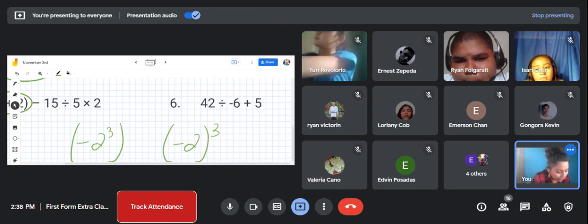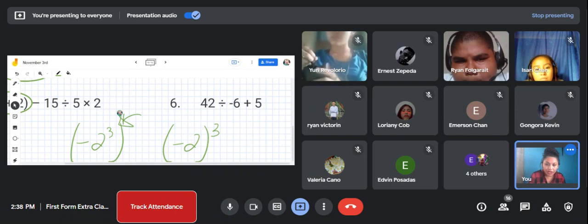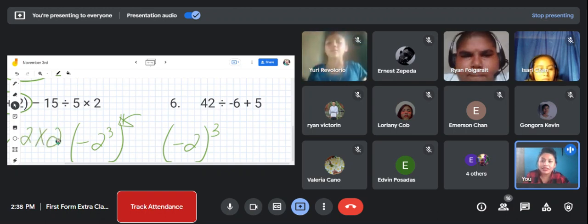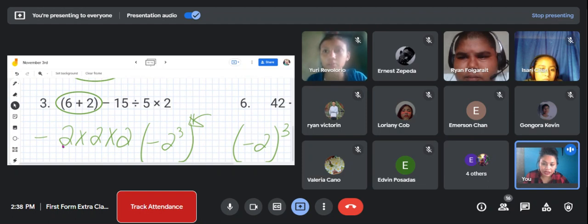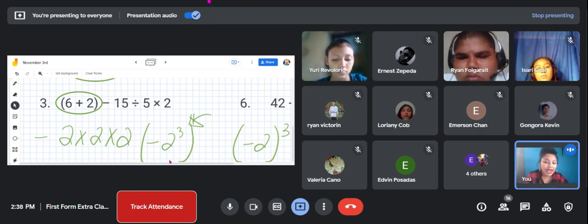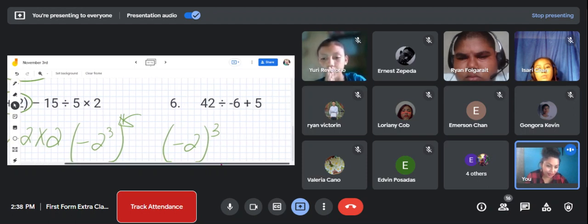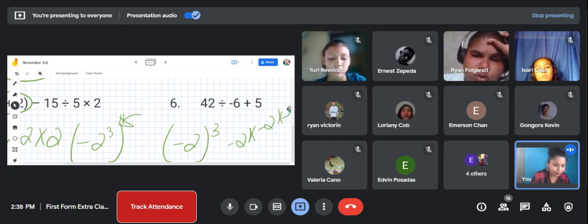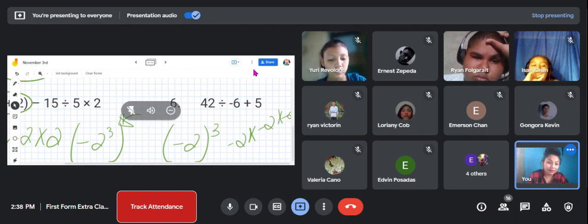When it is like this, it means I have negative 2 times 2 times 2, because the power is only for the 2 when we look at it like that. But when we have it like this, it means negative 2 times negative 2 times negative 2. So both of them are going to give me different answers.